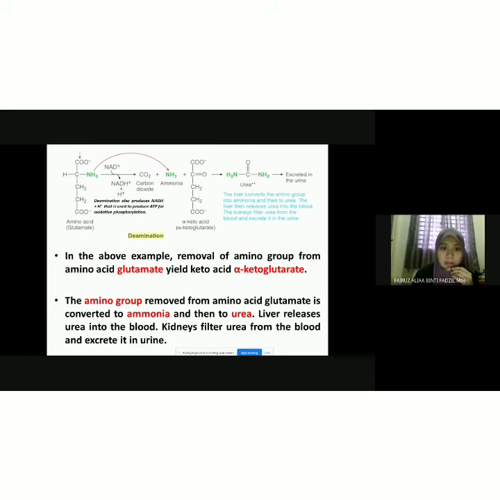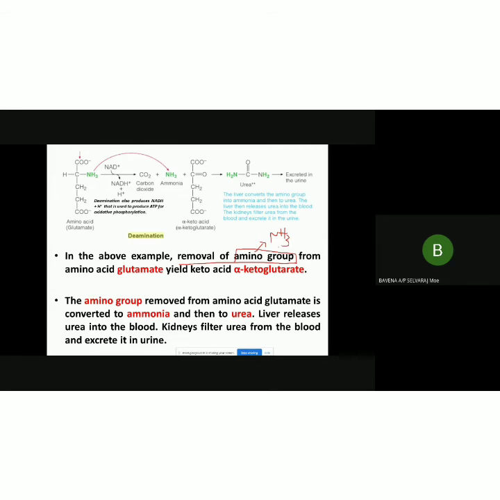Just to reinforce that, in the above example, there is removal of the amino group. In the exam, don't say removal of ammonia, say removal of amino group. This amino group is converted to ammonia once it's combined with hydrogen.